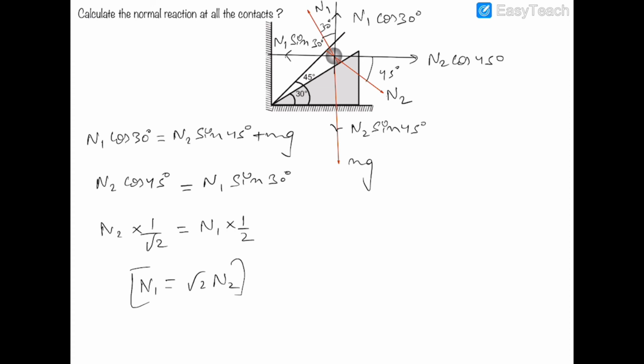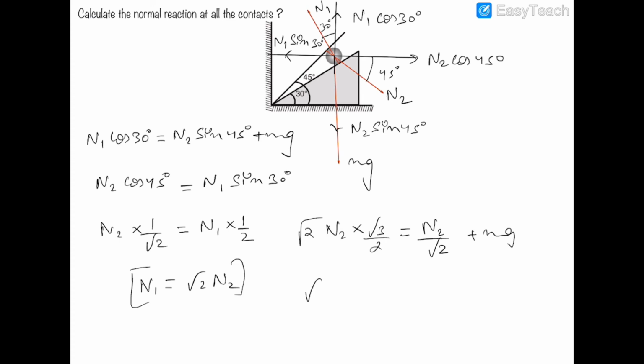So N1 will be equal to root 2 N2. So root 2 N2 times cos 30, which is root 3 by 2, is equal to N2 sin 45, which is N2 by root 2, plus mg.